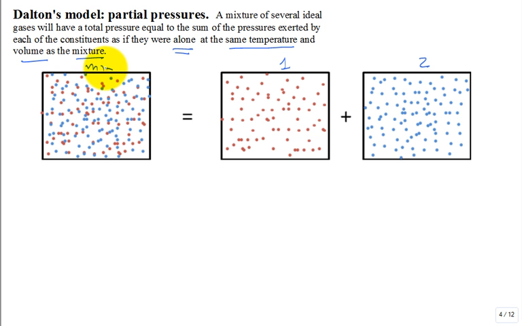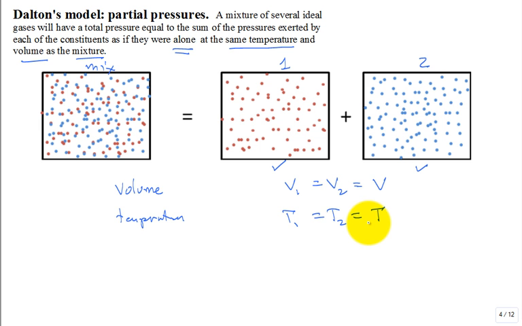So here's the mixture, and I tried to draw the box the same shape. So the volumes are the same. V1 is equal to V2 is equal to what the original volume was. The temperature, likewise: the temperature of the gas in the first container, which is only component 1, is equal to the temperature of the gas in the second container, which is only component 2, is equal to the temperature of the original gas mixture before we conceptually split them out.